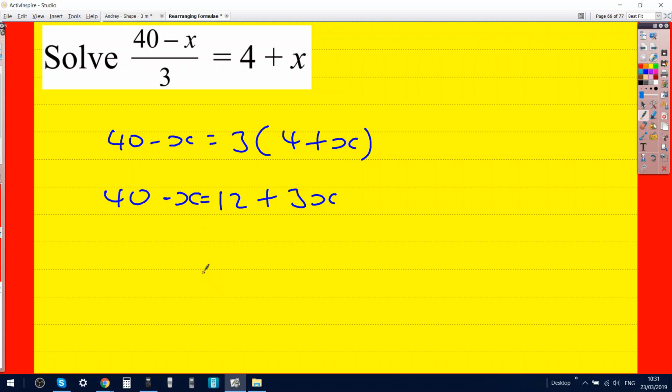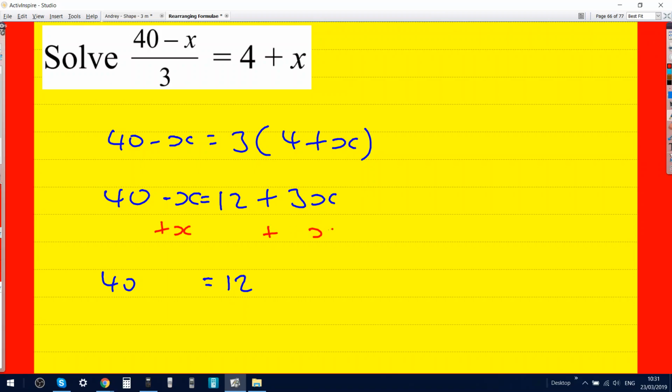And then you would have to eliminate the x's. So it'd be 40 equals 12 plus 2x. How do you eliminate the minus x? Oh, you plus it, so it'd be 4x.